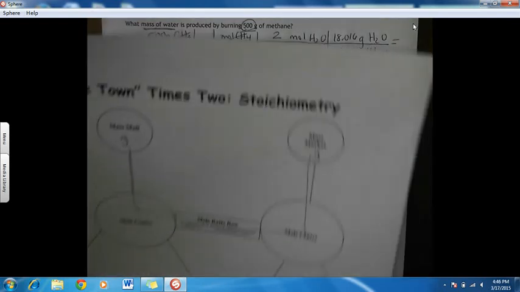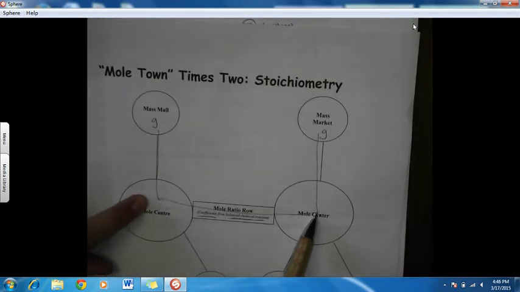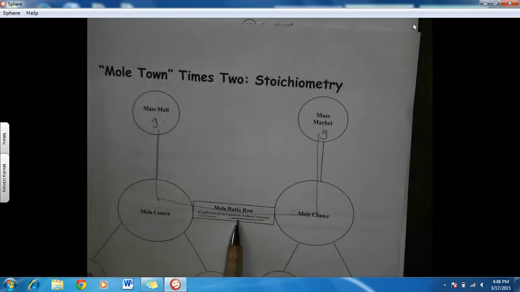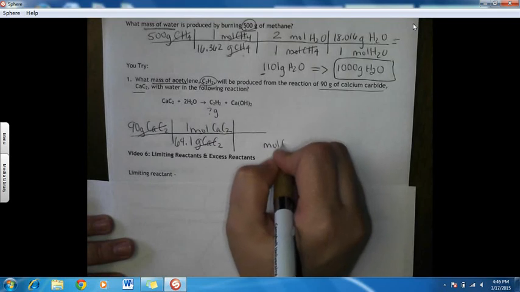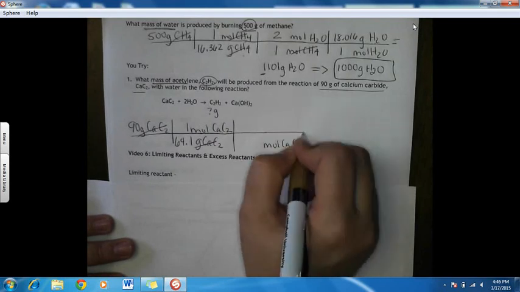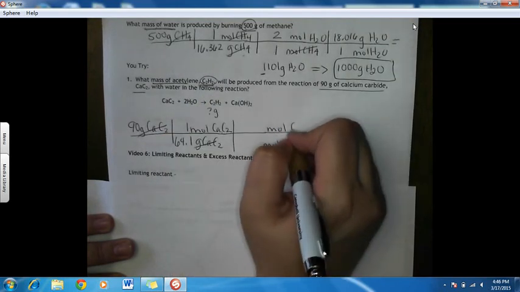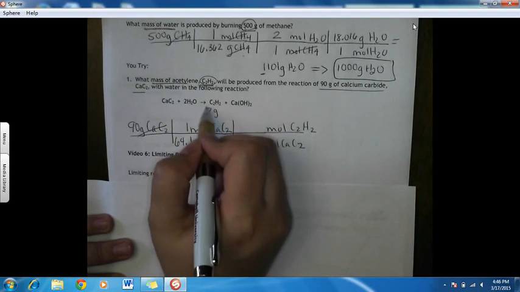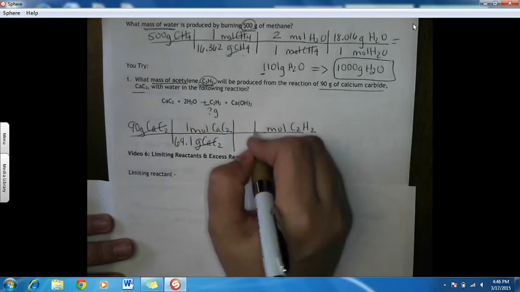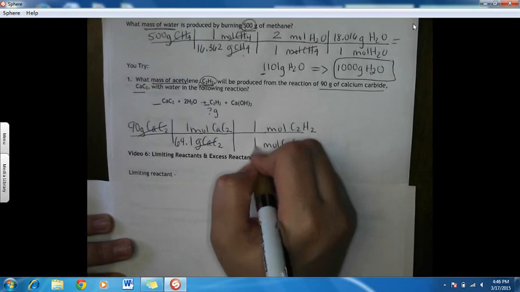Once we have moles, we can convert to the new substance using our mole ratio. Alright, so moles of calcium carbide now go on the bottom, and moles of what we want, which is the acetylene, go on the top. What's the mole ratio? Well, we have an understood 1 for acetylene and an understood 1 for calcium carbide. So moles of calcium carbide would cancel.